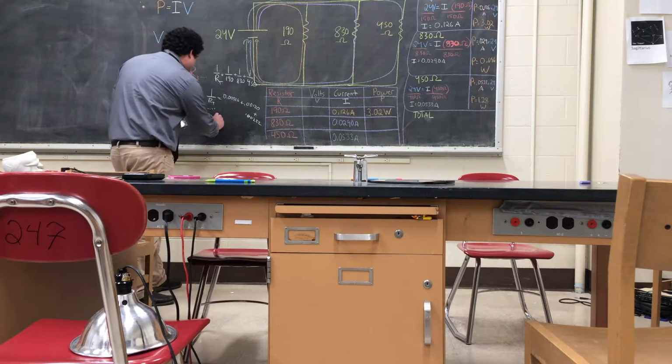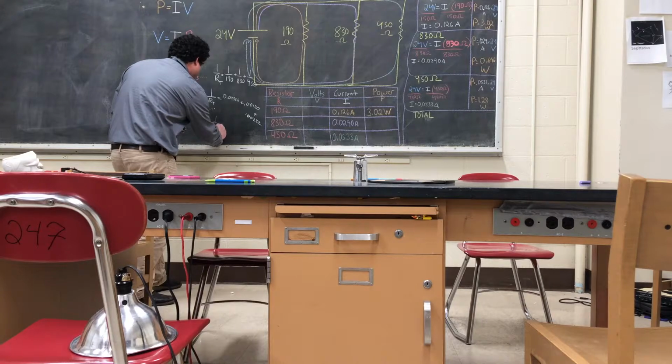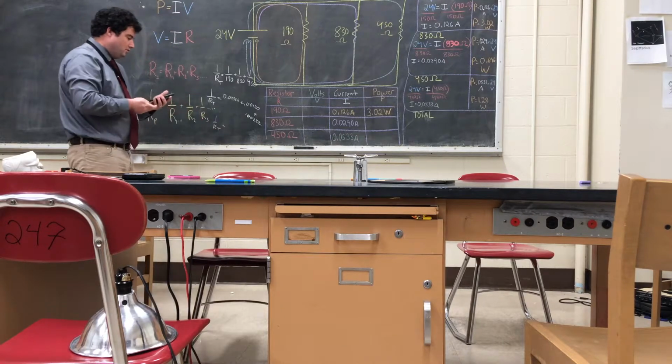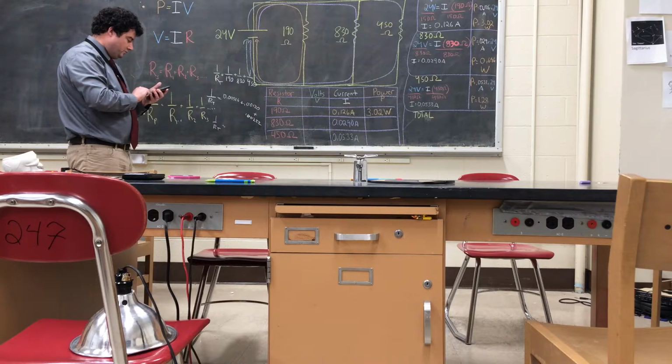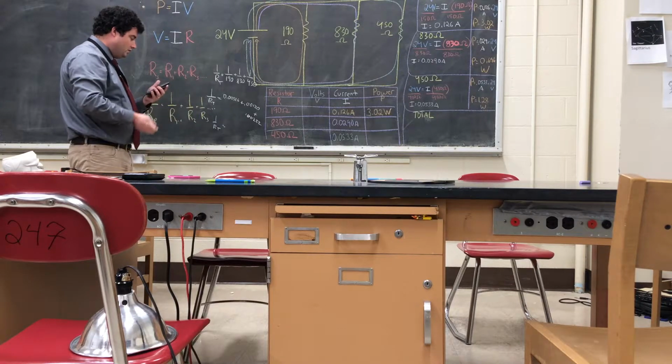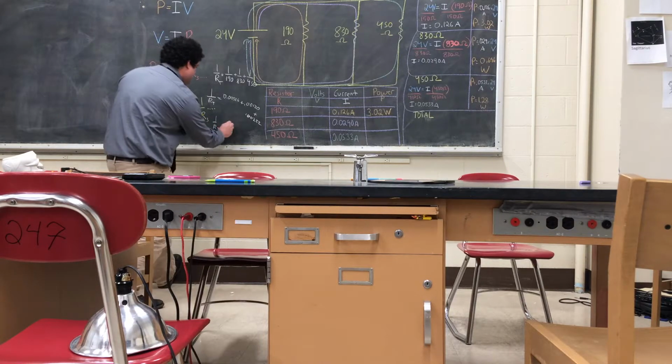Okay, so let's add those up. 1 over RT is 0.00526 plus 0.00120 plus 0.00222. 0.00868.